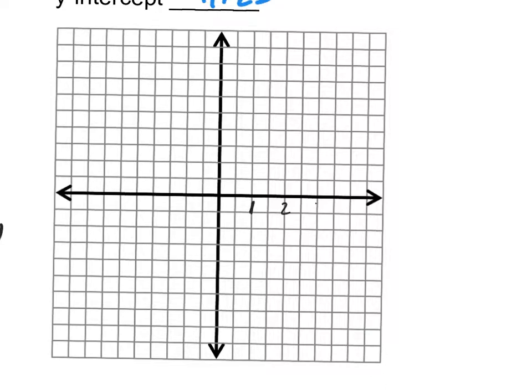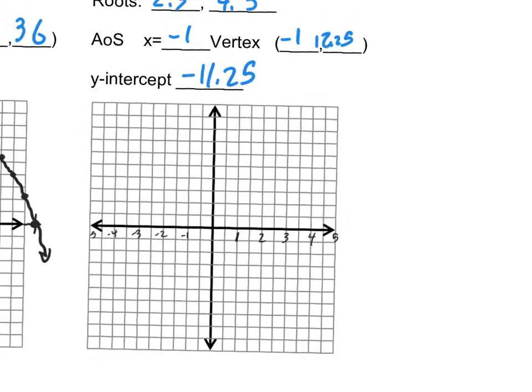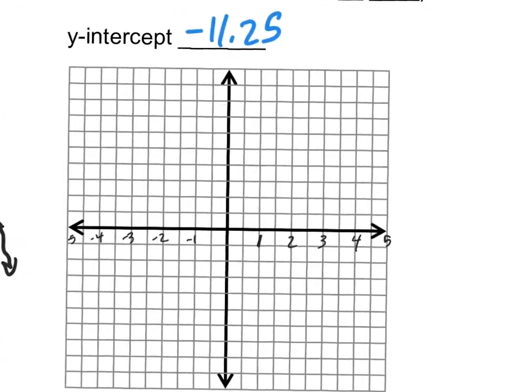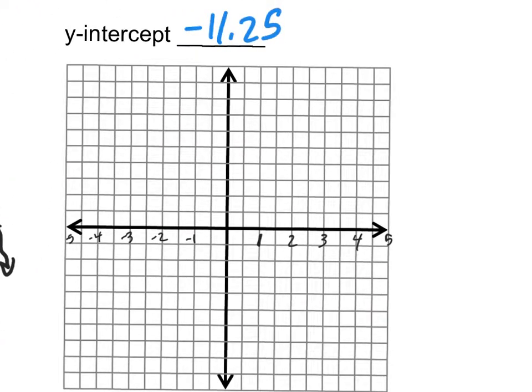So 1, 2, 3, 4, 5, negative 1, negative 2, negative 3, negative 4, negative 5. And since you need these things to fit in there, you could actually just make this a little bit smaller. So we could make it be 2 this way.